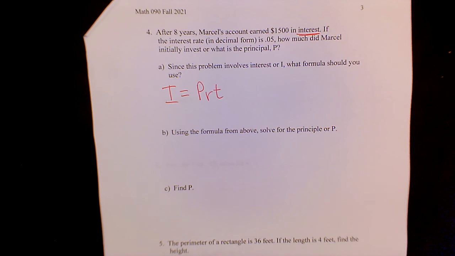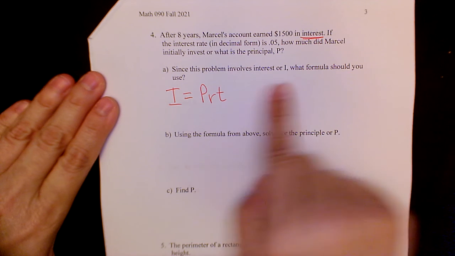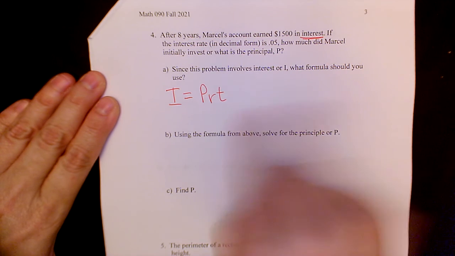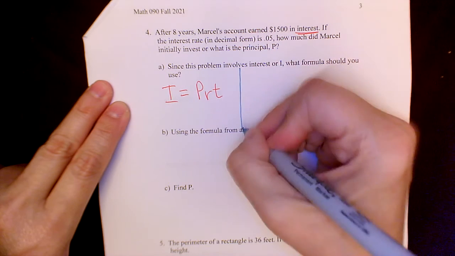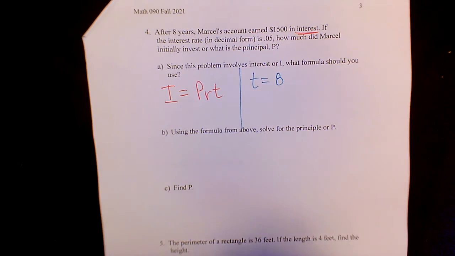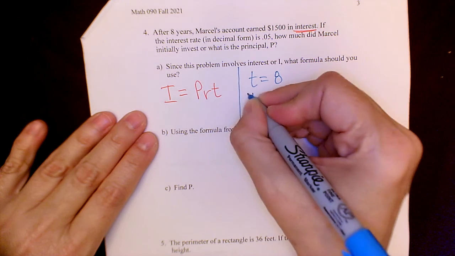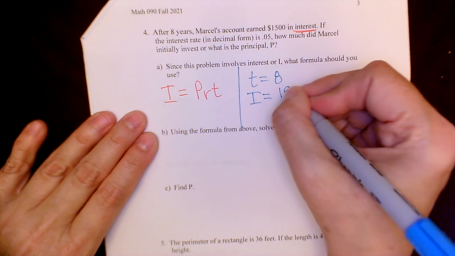So let's write out all the pieces we know. Let's see what they're giving us. 8 years, that's the time, right? So they're giving us T equals 8. And I know the big I, or interest, was $1,500.